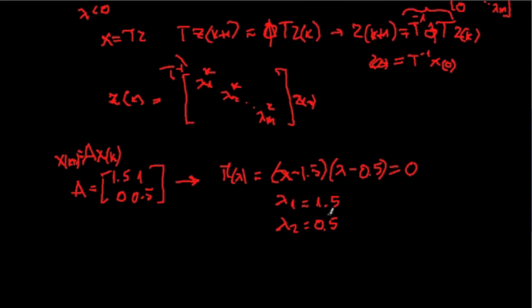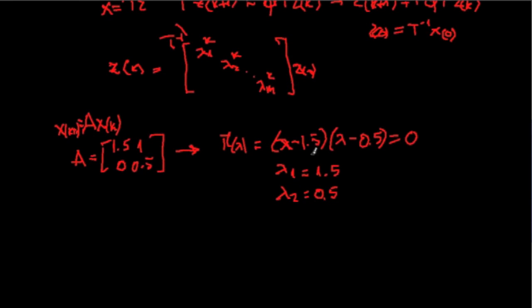By doing this we already determined lambda 1 and lambda 2, and we see that the system is going to be unstable.